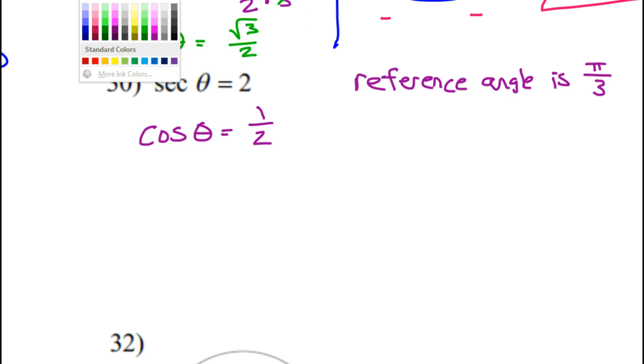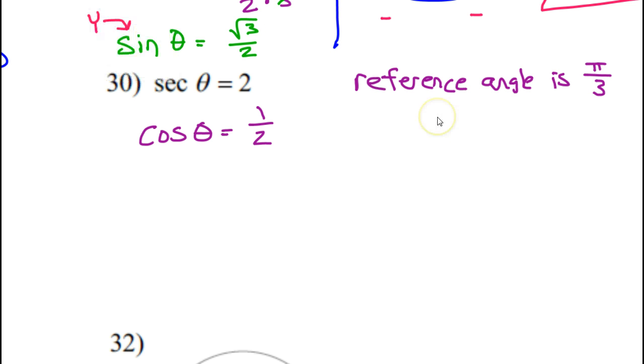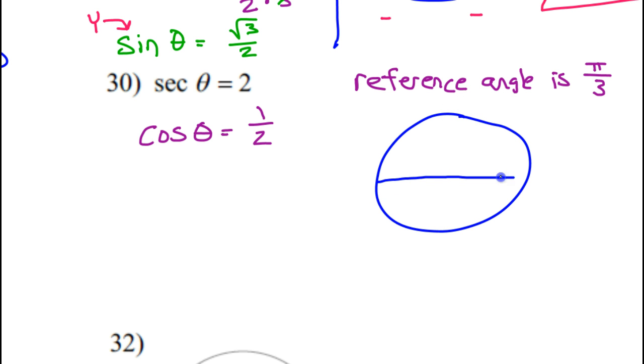So to know exactly what the answer or answers are, we need to draw the 4 angles that have this reference angle. So pi over 3, so I'm going to take this pi and split it up into 3 parts. 1, 2, 3. So each one of these is pi over 3.